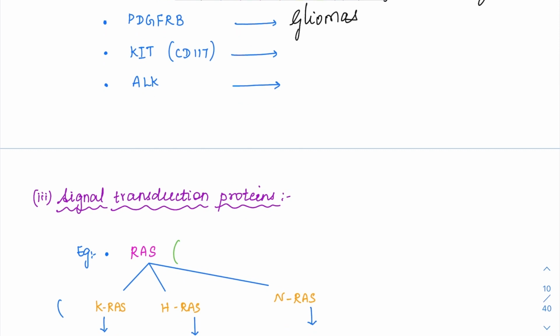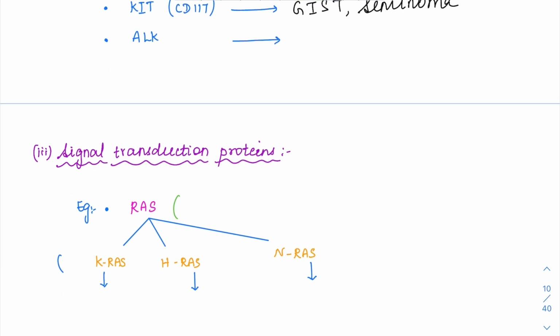This is going to be seen in gastrointestinal stromal tumors and also in seminomas. Then ALK mutation, here ALK mutation is going to be seen in neuroblastomas, then anaplastic large cell lymphomas, which is a T cell lymphoma actually. And apart from that, you are also going to see this in lung adenocarcinomas.